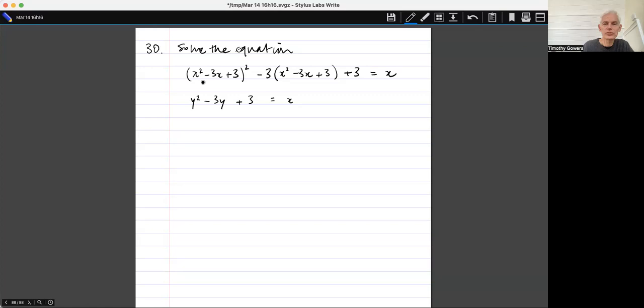If x equals 3, then I get 3 squared minus... Oh, that's a solution. The y didn't help too much, but when x equals 3, that lot disappears. So I get 9 minus 9 plus 3, which does equal 3.